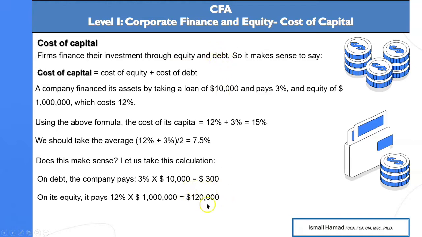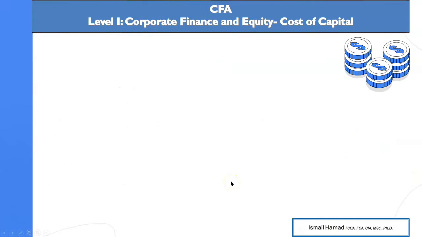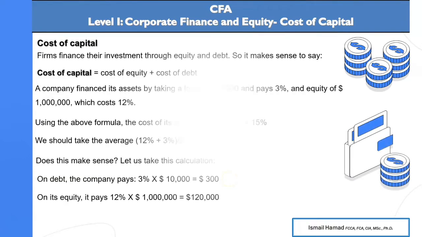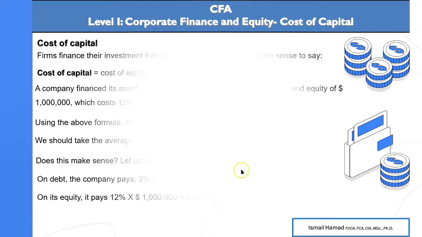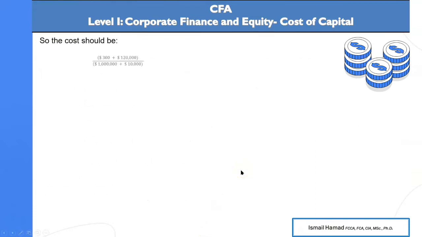It will cost the company 120,000 plus 300. So it makes sense to say that the cost of capital equals what I pay in the form of interest divided by both amounts I got, 1 million and 10,000. That is the total finance provided by the equity holder and debt holder. So it will be as simple as this.